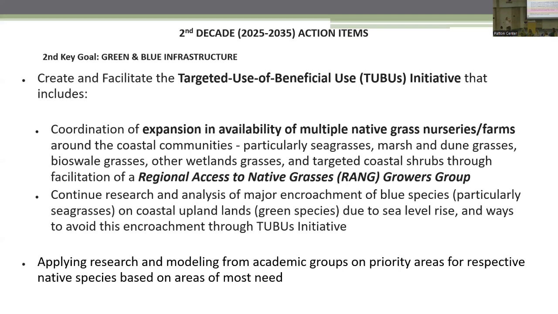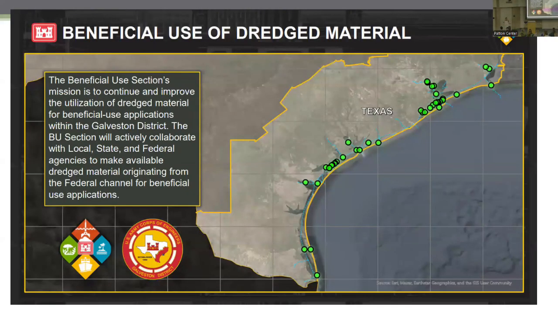And so part of what we're excited about doing is using these beneficial use and other projects as a way to replace those seagrasses and help them avoid encroachment. So that's very important. And then we apply a lot of research, which I'm going to do a little shout out on in a minute. We apply a lot of the research and modeling that you all and others are doing in these areas, which are critical. We don't do anything that's not science-based.